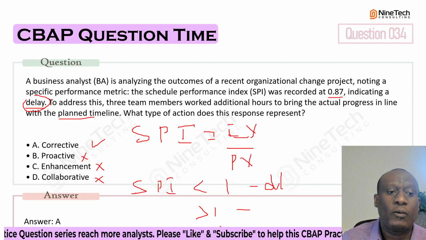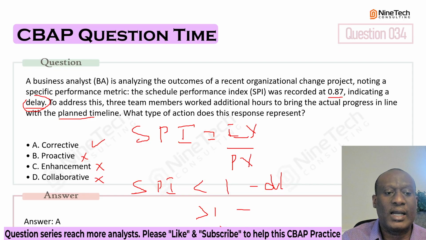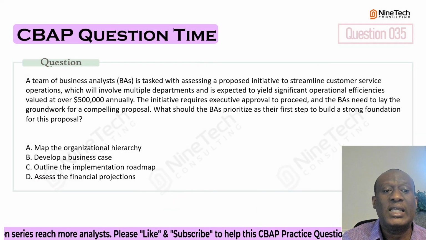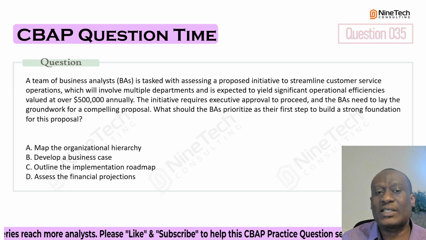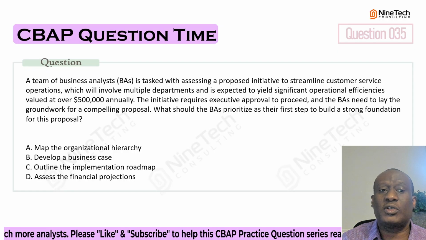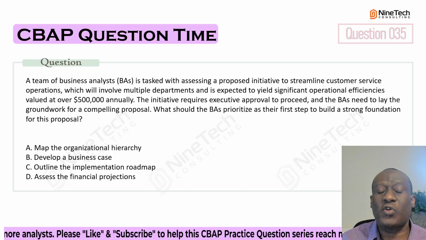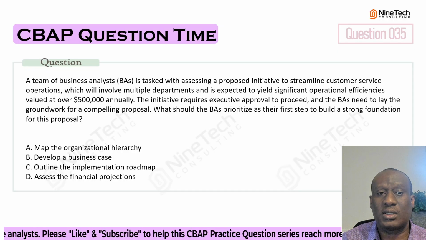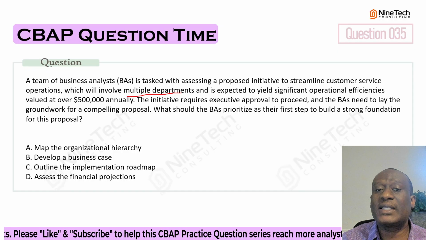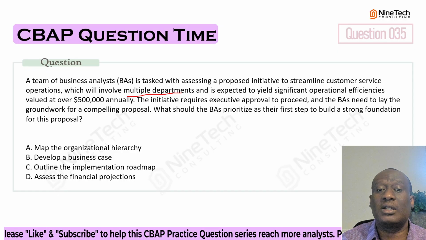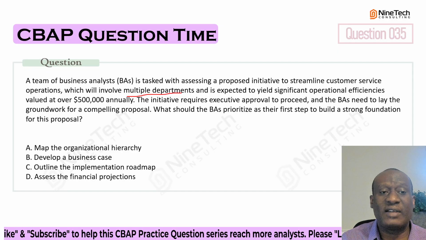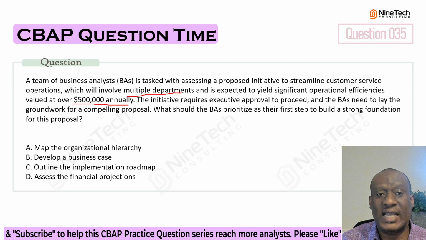We've gotten this far. We're on number 34. We've answered 4 questions now. So let's move to the next one. A team of business analysts is tasked with assessing a proposed initiative to streamline customer service operations, which will involve multiple stakeholders, which will involve multiple departments and is expected to yield significant operational efficiencies valued at $500,000 annually.